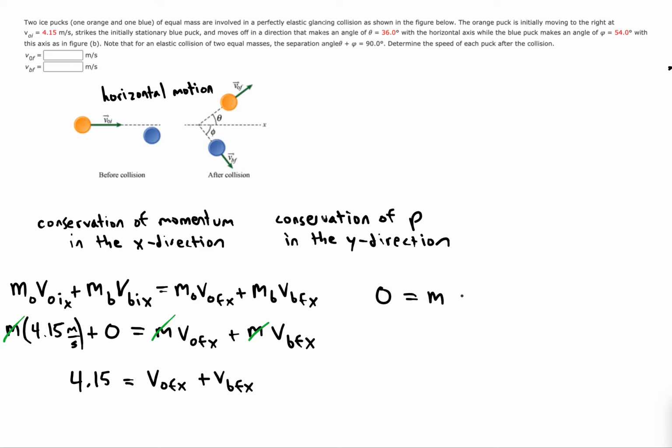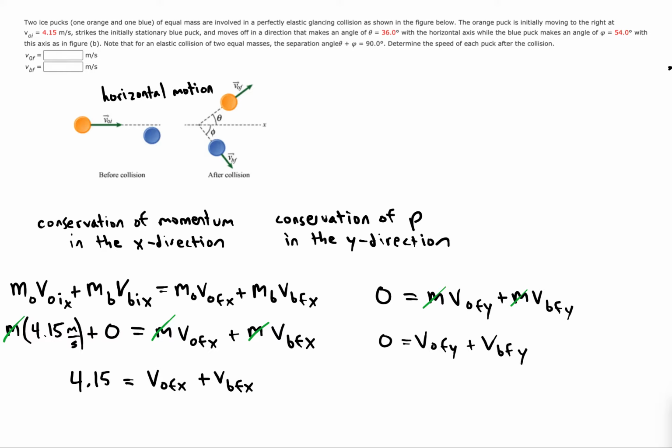But over here we'll have m times VO final y plus m times VB final y. The m's cancel, and we just basically get that 0 equals VO final y plus VB final y.